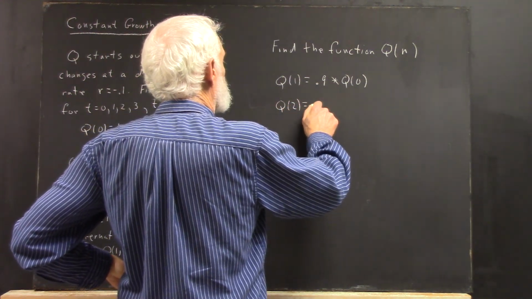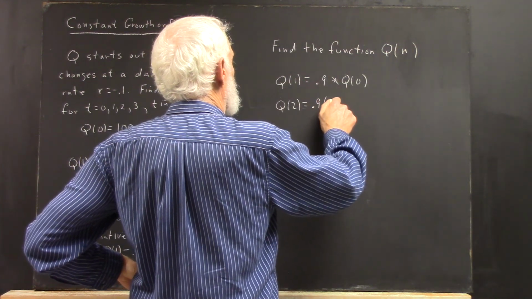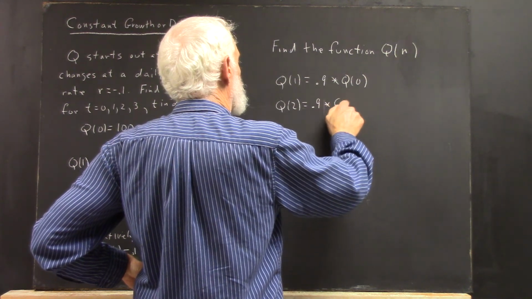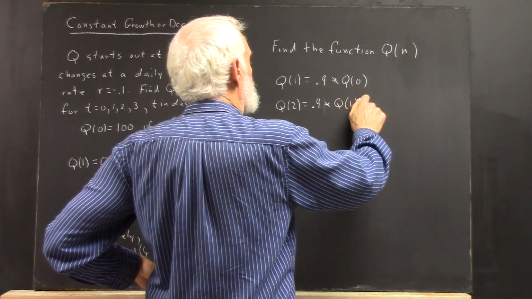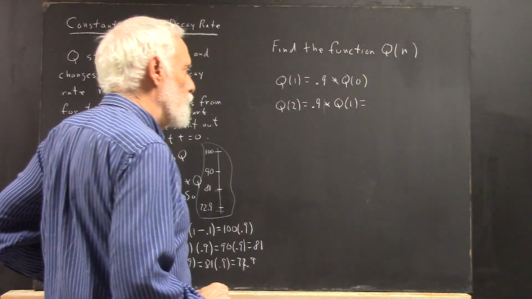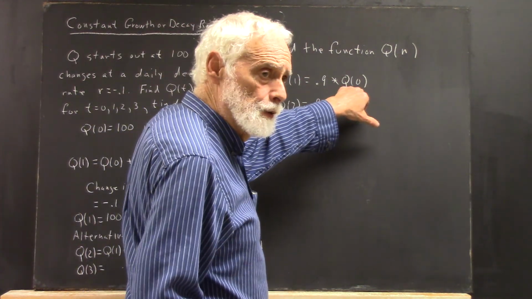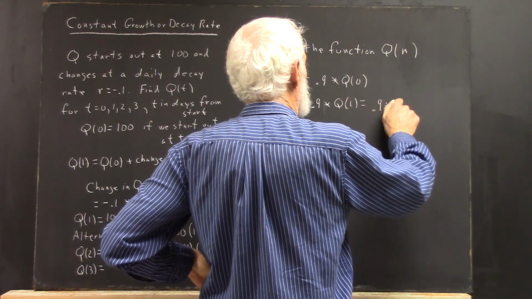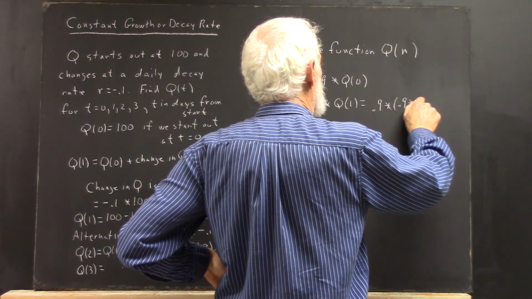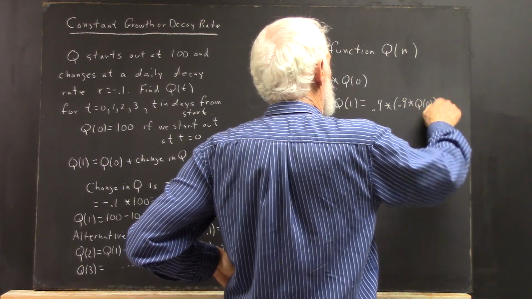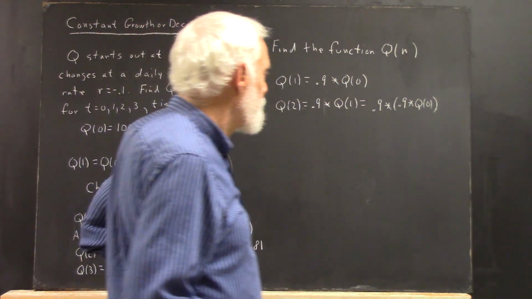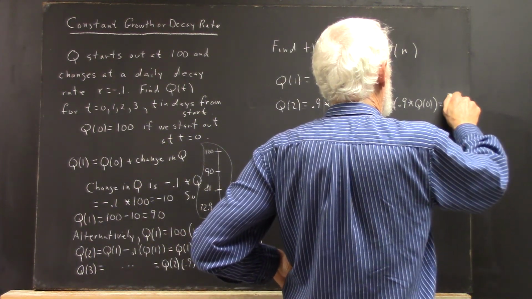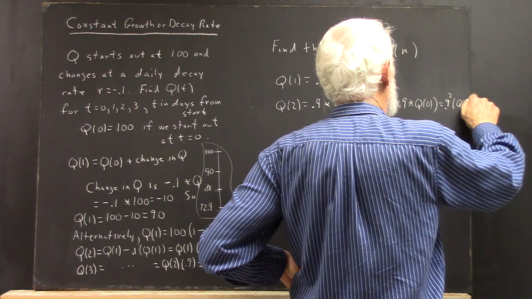Okay, then Q of 2 equals 0.9, and I'm not going to use parentheses, 0.9 times Q of 1, which is, of course, since Q of 1 is 0.9 times Q of 0, it's this, so it's 0.9 squared times Q of 0.